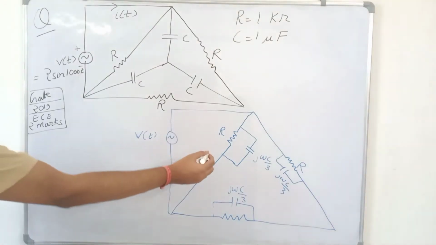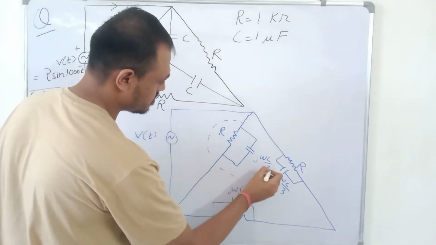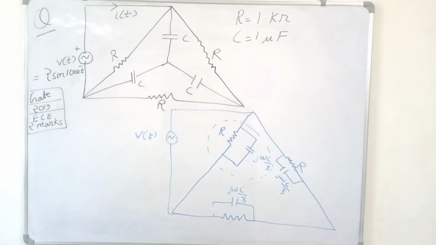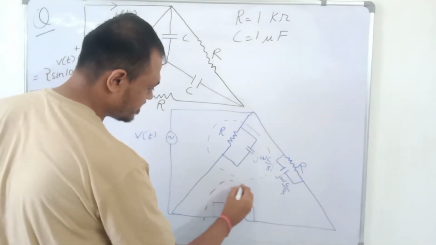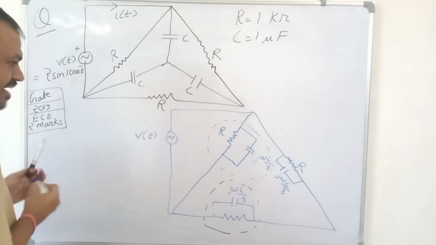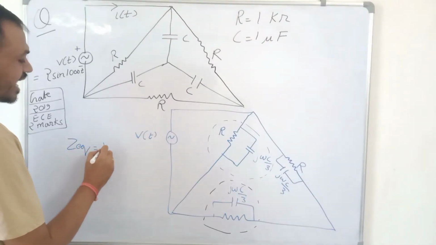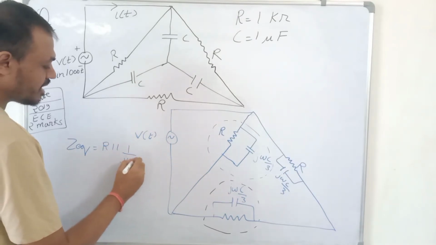So if we have to find the Z equivalent of all of these, it will be the same. Z equivalent will be equal to R in parallel with 1 upon j omega C by 3.